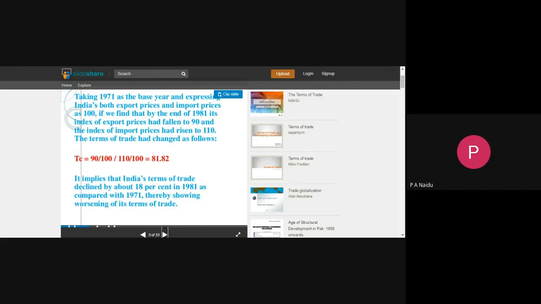It implies that India's terms of trade declined by how much? The difference from 100, how much difference is there? 81.82, so nearly 18% difference is there.